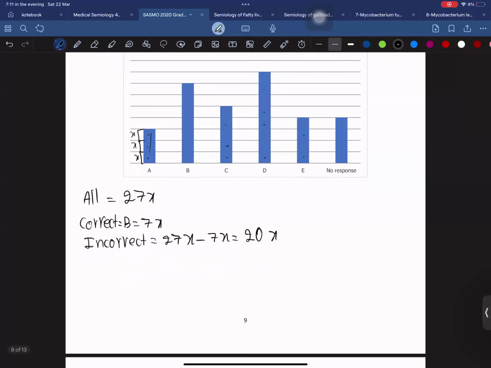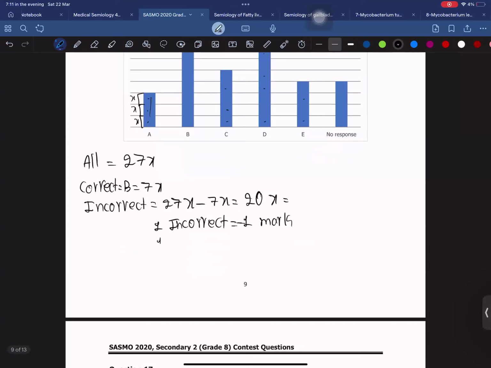One incorrect answer deducts 1 mark, so minus 1 mark, and one correct answer gives 2 marks.